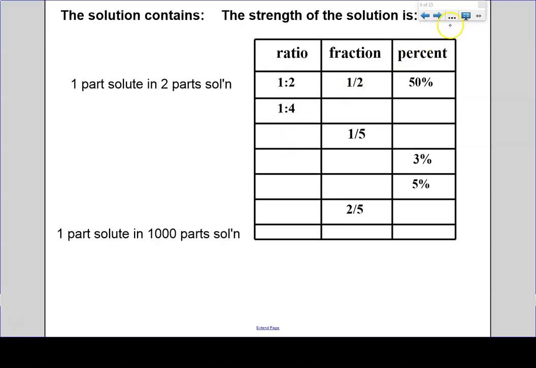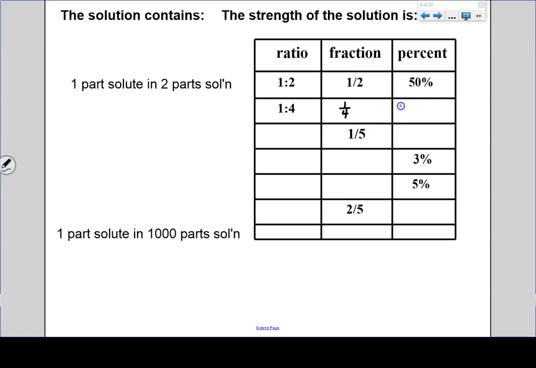Now let's practice, and we're going to fill in this little table. We're going to practice how you change a ratio to a fraction and percent. Again, they only have to give you one of these, and you can fill in the rest. So let's start with a 1 to 4. Written as a fraction, 1 to 4 would be 1 over 4. And how do you get the percentage?